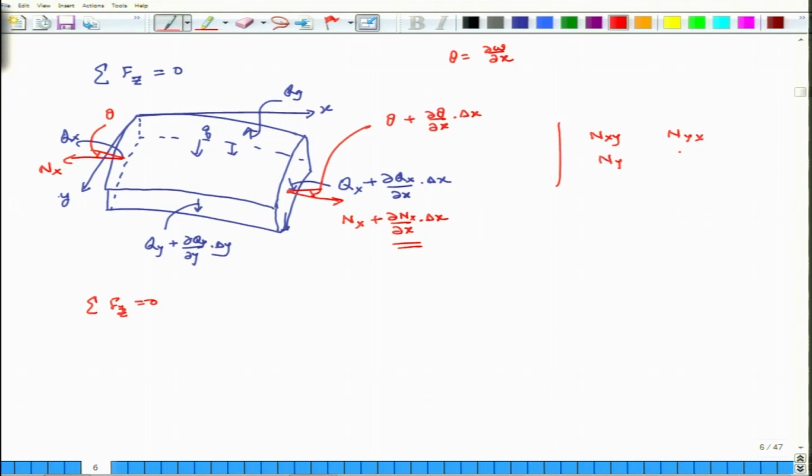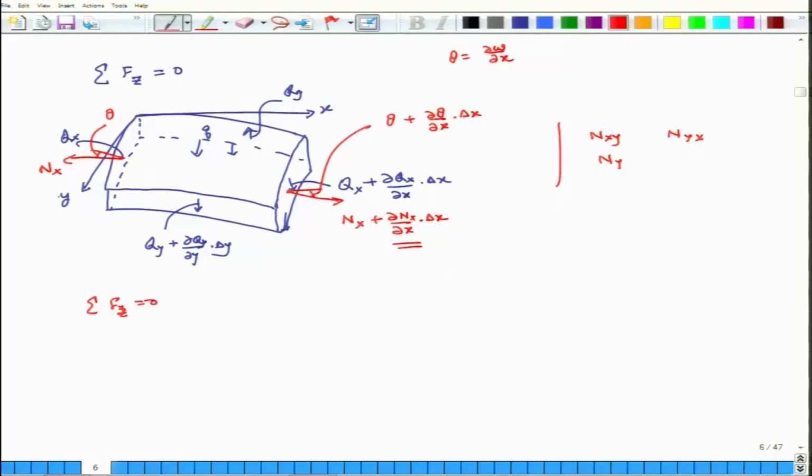The only thing we are going to calculate here is the vertical component associated with nx, and all other components can be calculated in the similar way which we are discussing. Here, if the plate is bending in the x direction, we call it theta x, and if it is bending in the y direction, we call it theta y. So, this is theta x.